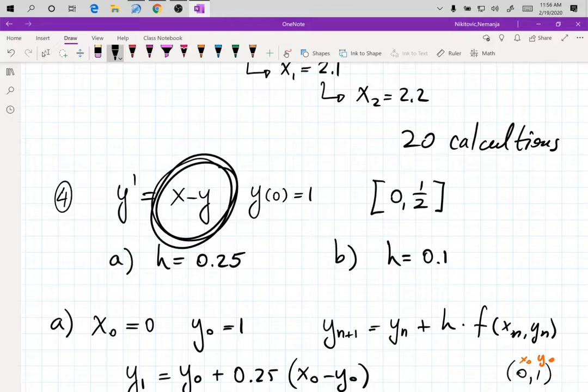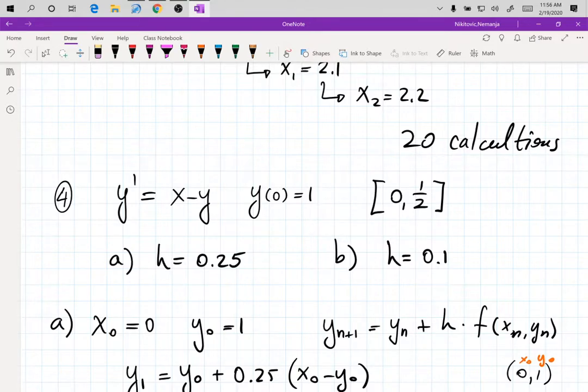A different problem will have something else, right? So when you're coding this, you can pick some problem from the homework and don't pick x minus y, just something simple. Take something heavier, like, they don't have anything heavier. E to the negative y, negative 3x squared y, right? So whatever.